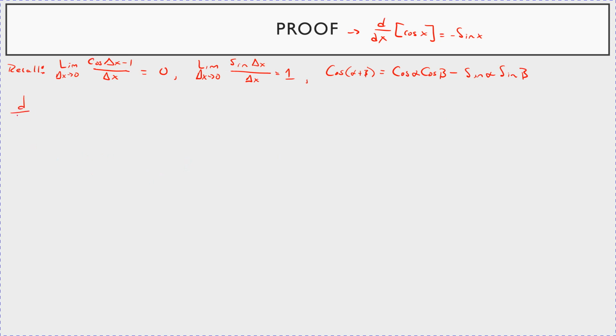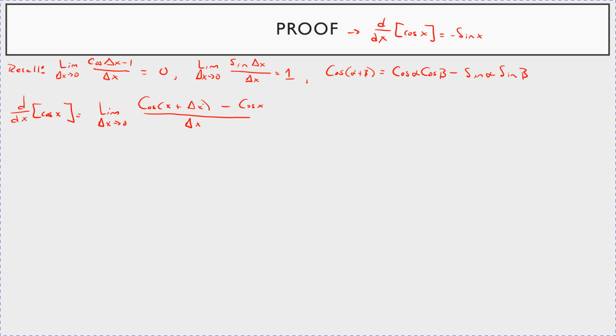The derivative with respect to x of cosine of x is equal to the limit as delta x goes to 0 of cosine of x plus delta x, that's f of x plus delta x, minus f of x, well, that's just cosine of x, right, all over delta x.